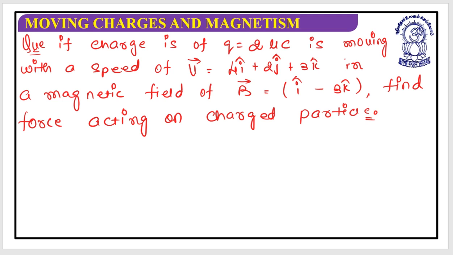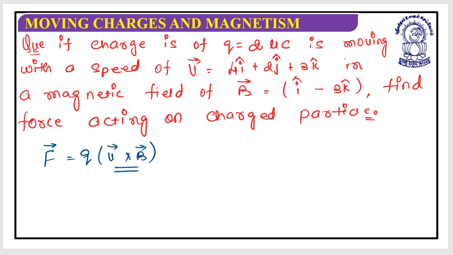So I understood that F could be written as q into bracket v cross B. So let's evaluate v cross B first, and then I will multiply with the charge, which is 2 microcoulomb.